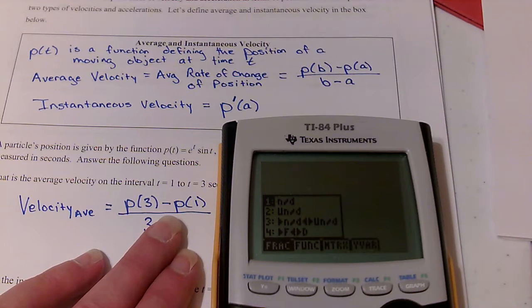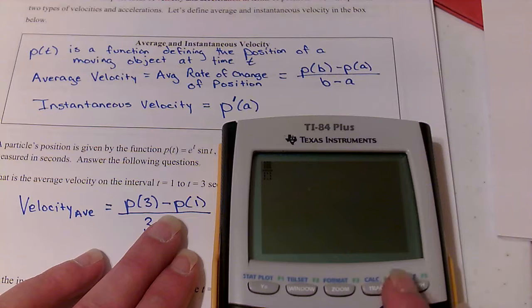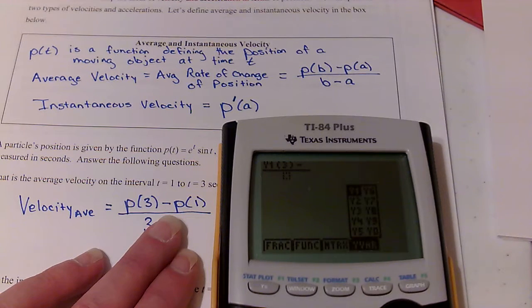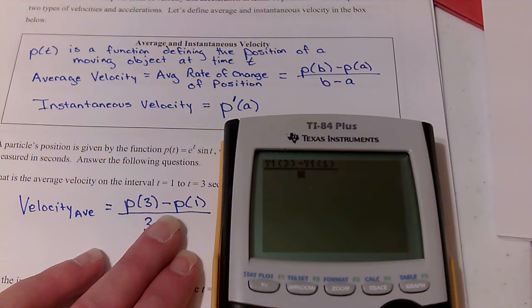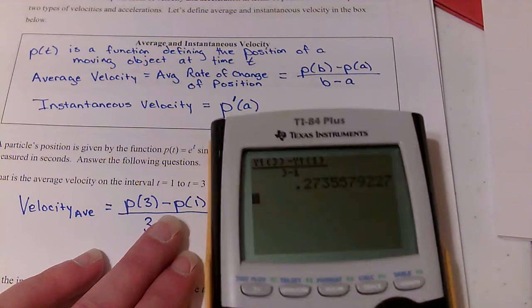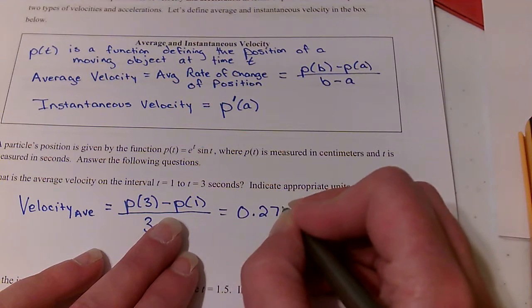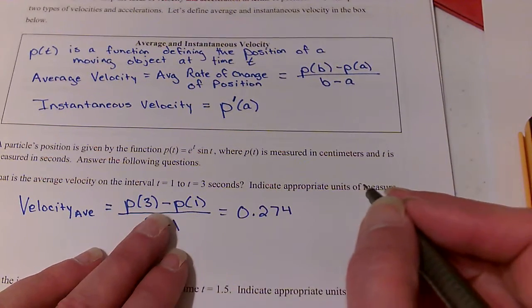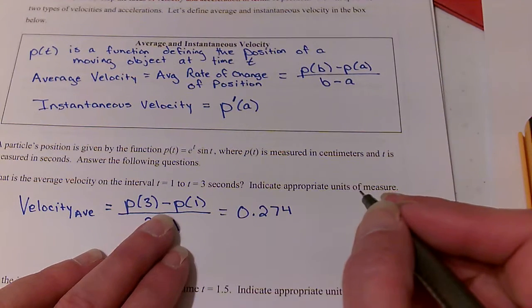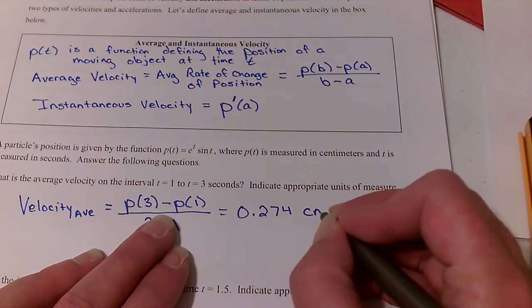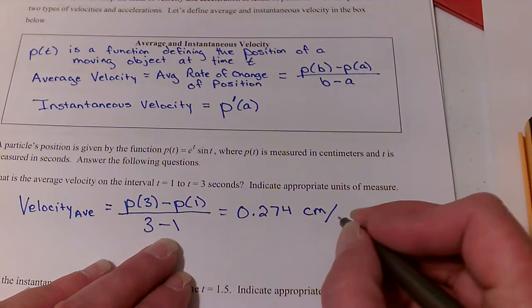So I'm going to go ahead and set up a fraction and do alpha f4 y1 of 3 minus y1 at 1 over the change in time. And I get 0.274 because we want to go 3 decimal places. And it said to make sure we use the right units. So the difference in our position was in centimeters, over the change in time, and that was in seconds.